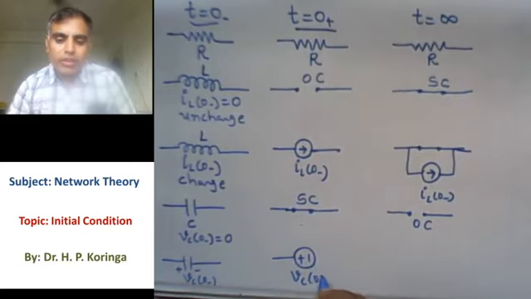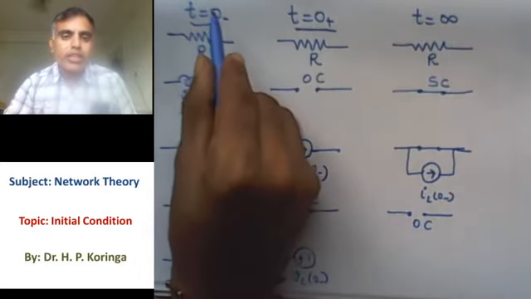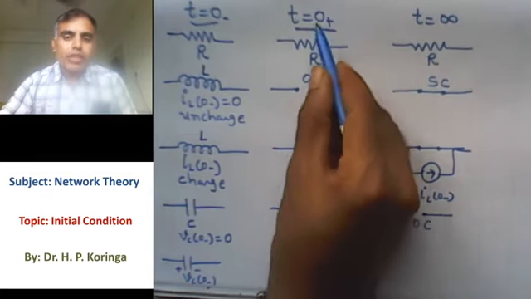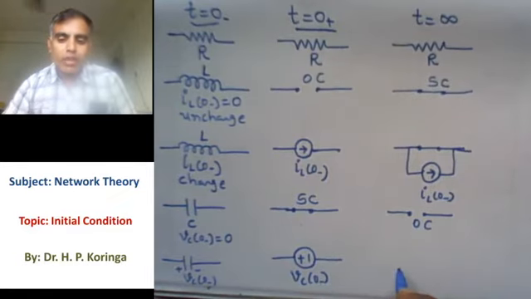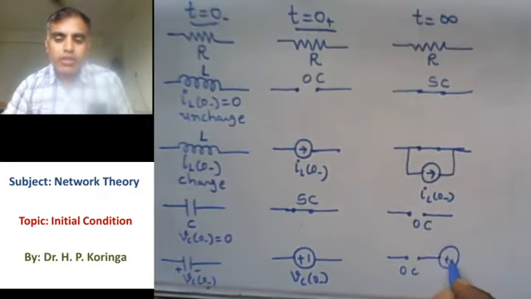We know the capacitor does not allow an instant change in voltage. So whatever the voltage at t equal to 0 minus time, Vc of 0 minus, it works at t equal to 0 plus time as the same voltage source, right? So the value of this voltage source is Vc of 0 minus. Now once we provide enough time for the capacitor to charge, then at infinite time it works as an open circuit in series with the voltage source of Vc of 0 minus.